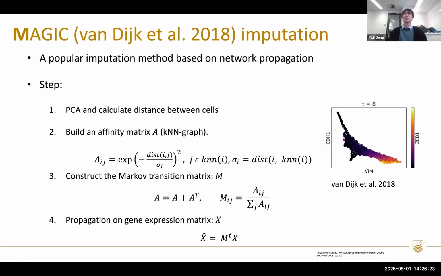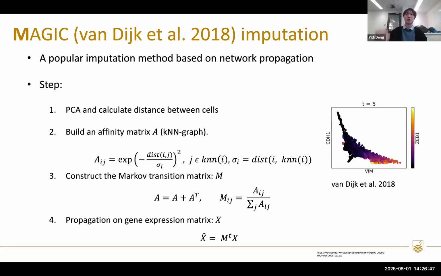You have count data, and the most common transformation is the log transformation. Then you take PCA on that, and then you take the distance. So basically, this kernel function that I constructed is actually the diffusion kernel.